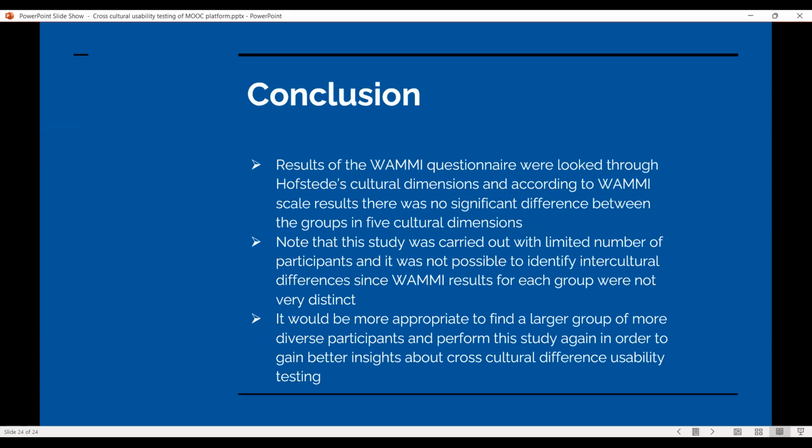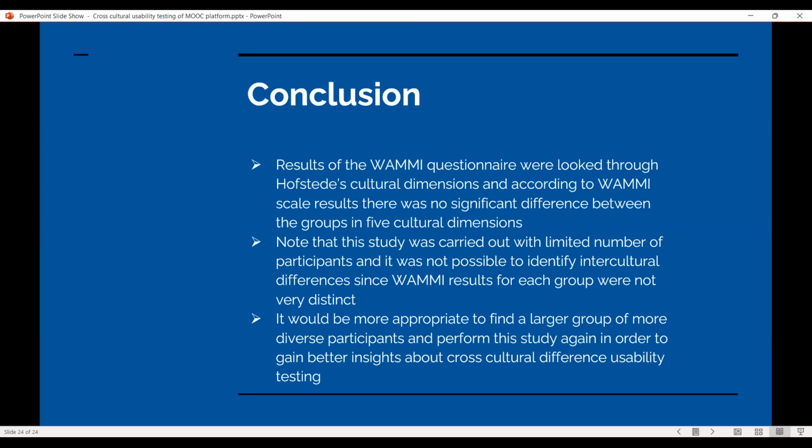We can come to the conclusion after this that the results of this VROOM questionnaire, when looked at through Hofstede's cultural dimensions, show no significant difference between the groups in the five cultural dimensions.